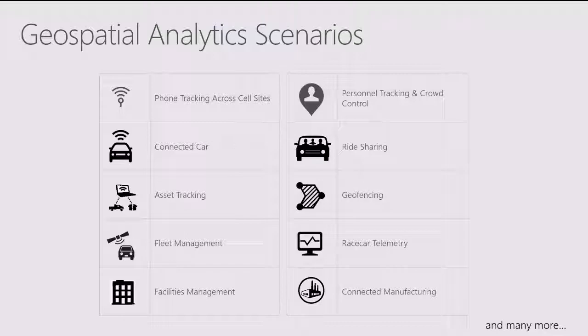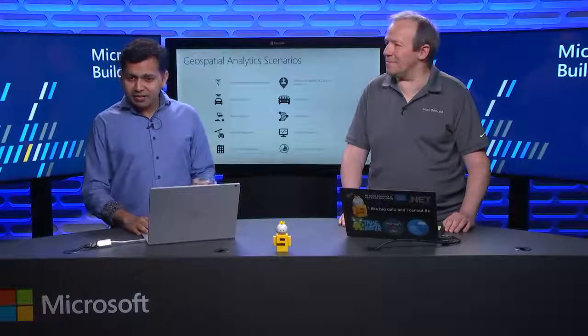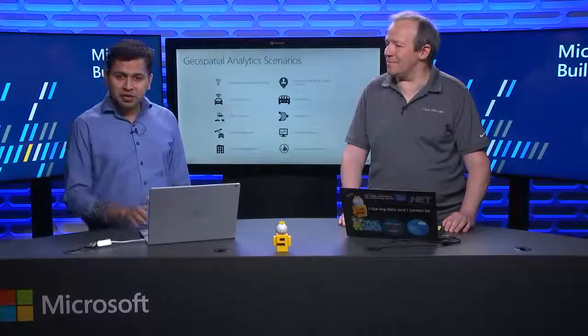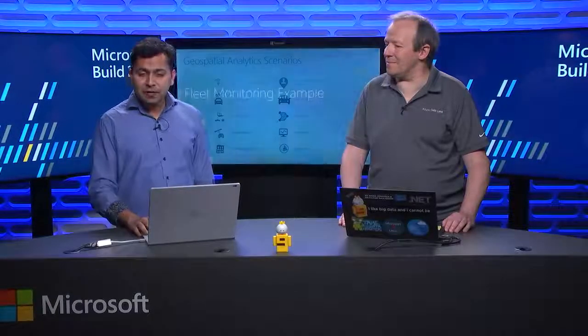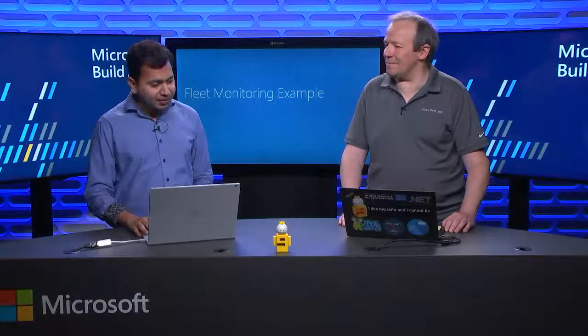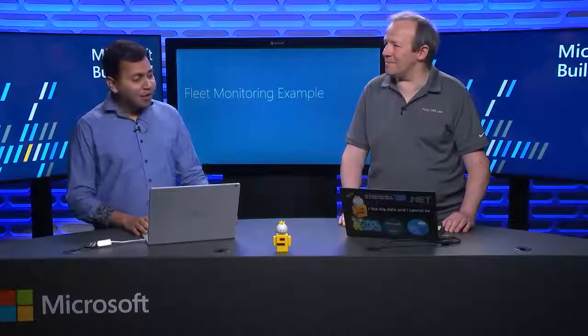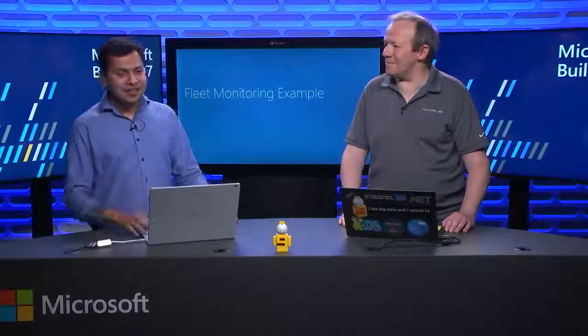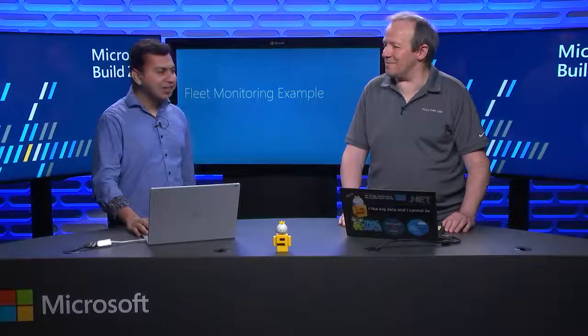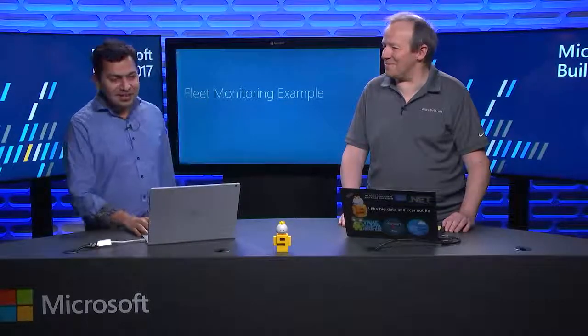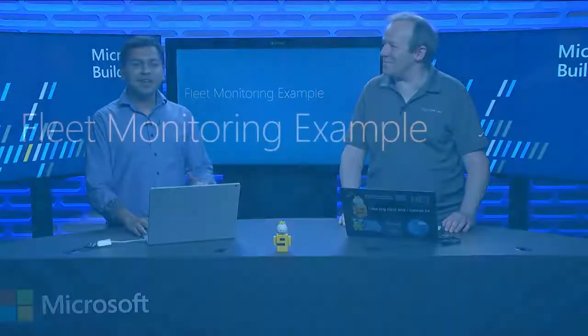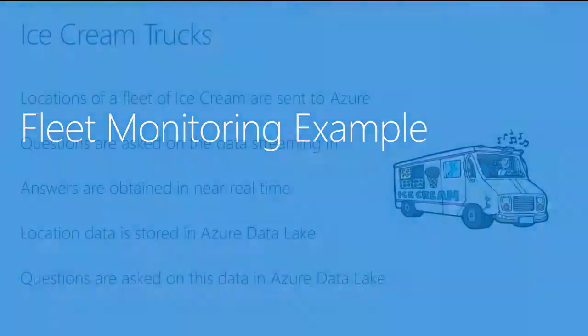The possibilities are limitless. For the purposes of this session, we will get into a very specific fleet monitoring example. Now, I'm sure most folks watching like or would have liked ice cream at some point in time. So we are going to go back to our childhoods and visualize ice cream trucks.